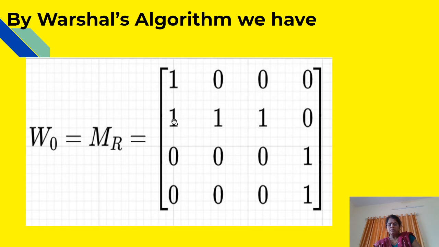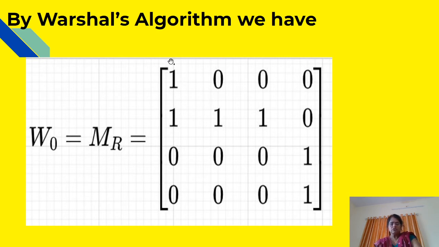We have given 6 pairs in the given relation R, therefore at 6 places there are 1s. Now when we will write W1, at that time all these 1s will be repeated as it is at the same position. Some more 1s may be added.